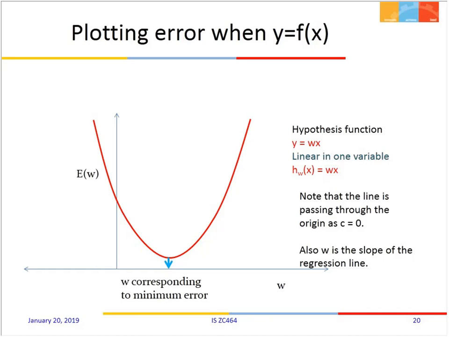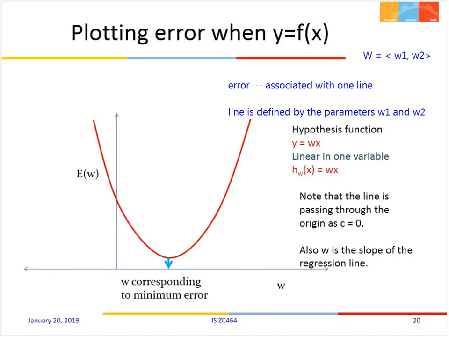I can call W1 as slope and W2 as intercept, or vice versa. So if I write a vector W as simply W1, W2, just defining these parameters of the line, then we can say that the error is a function of W.